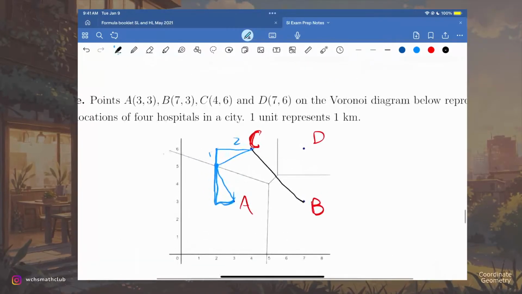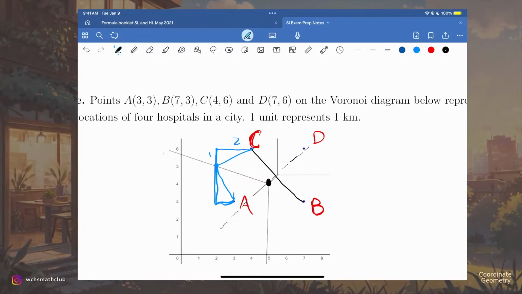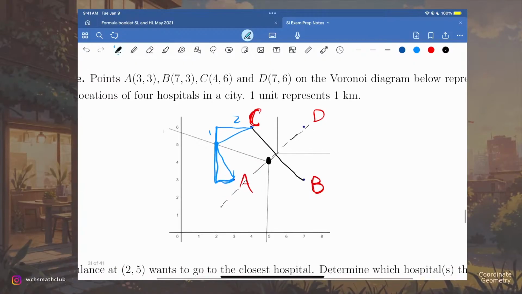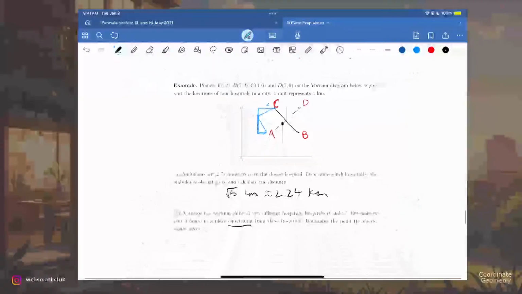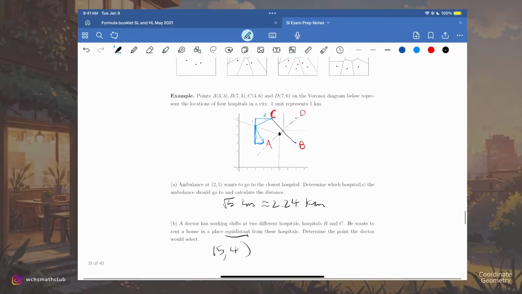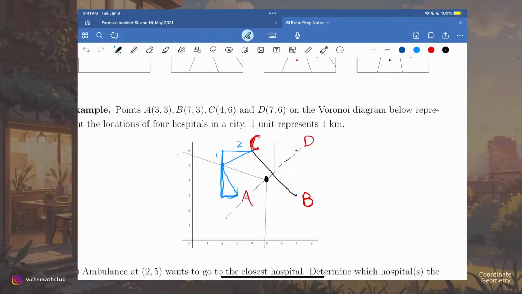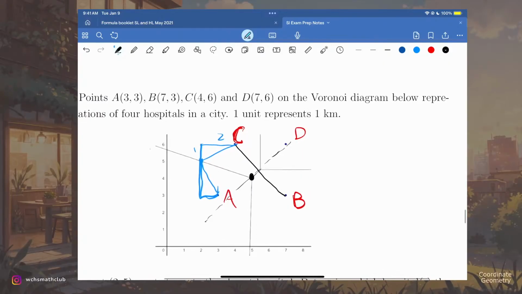By inspection, you can notice that this line here is the perpendicular bisector. So this point is the only lattice point we have on the diagram that's actually on this bisector here. So the coordinates of this point is 5, 4. Wait, it never actually explicitly says that it has to be a lattice point.